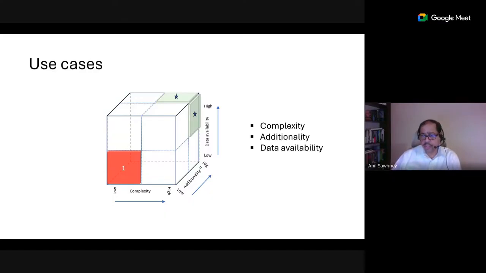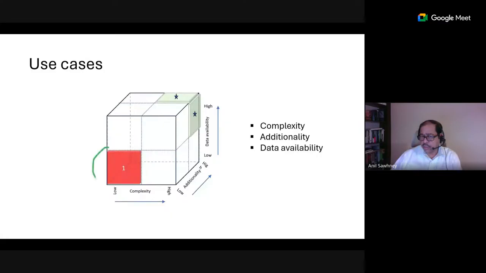So essentially, look for complexity. If you're solving a problem, you don't want to use AI to solve low complexity problems. Try and search for high complexity problems. And then look for additionality, meaning if a human can solve a problem easily and AI doesn't add any value, you don't want to really do this.